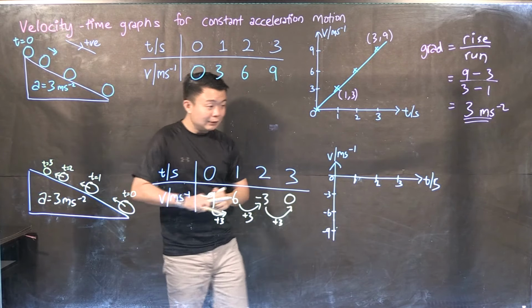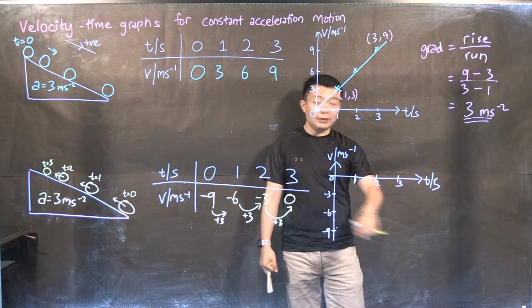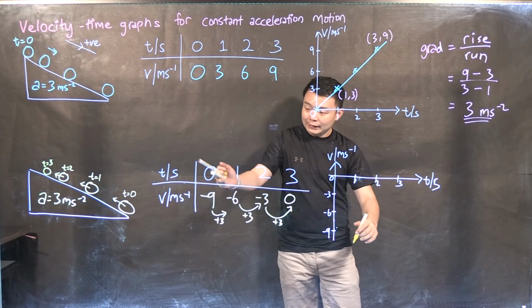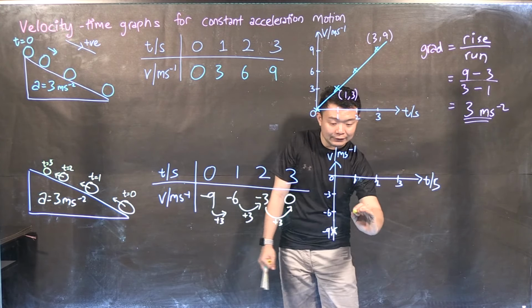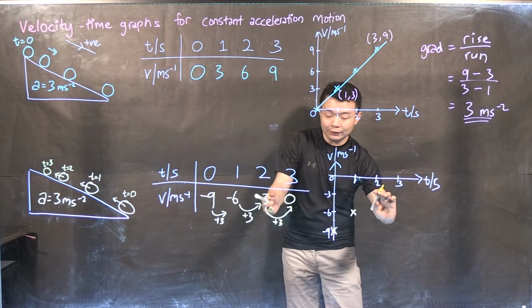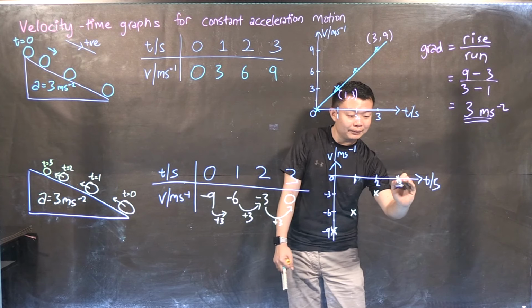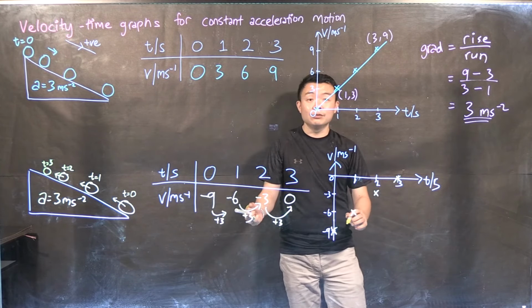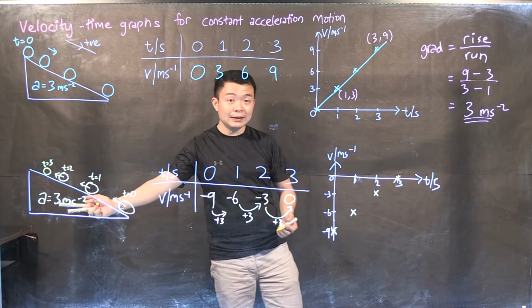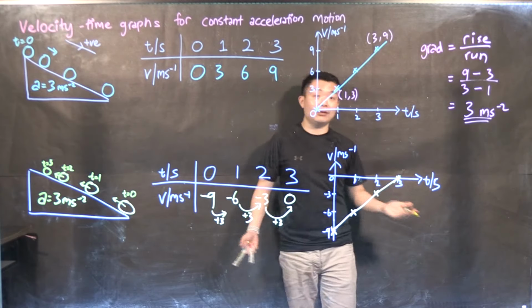Alright? So, same thing, if I start to plot this data onto a VT graph, I will get (0, -9) over here, (1, -6) over here, (2, -3) over here, (3, 0) over here. And you can again see, because the object is moving with a constant acceleration, the VT graph is again a straight line graph.